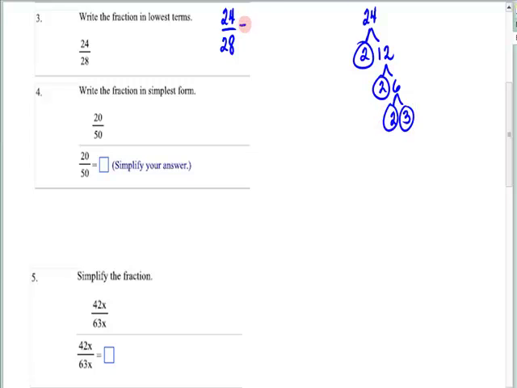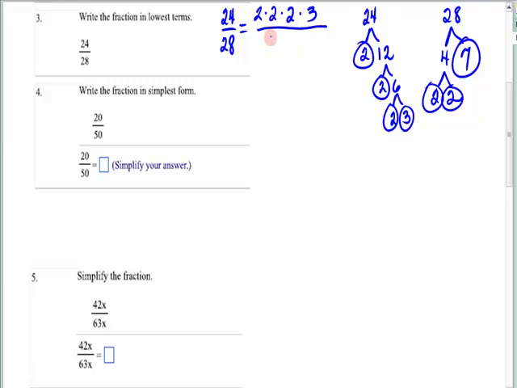Primes. So the numerator is 2 times 2 times 2 times 3 over the denominator of 28. I'm thinking 4 times 7. 4 is not a prime. It's 2 times 2. Those are primes.